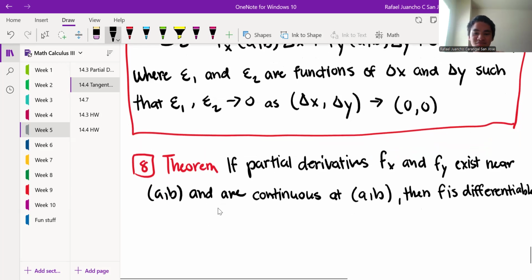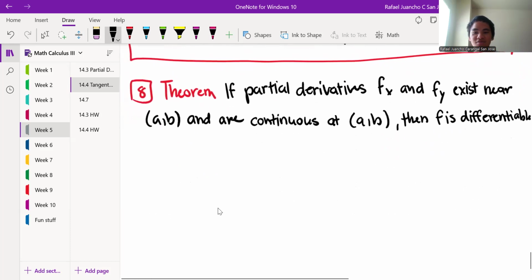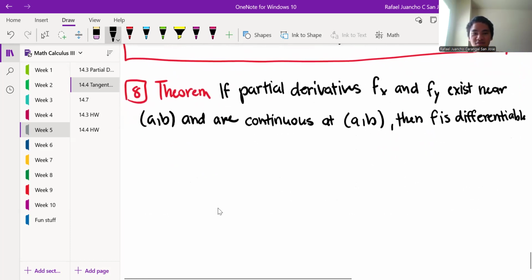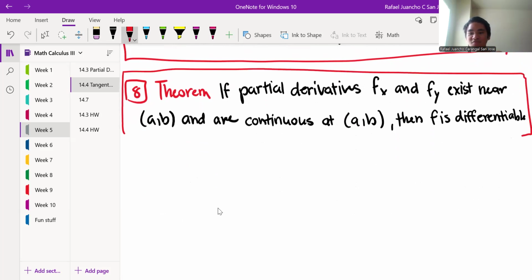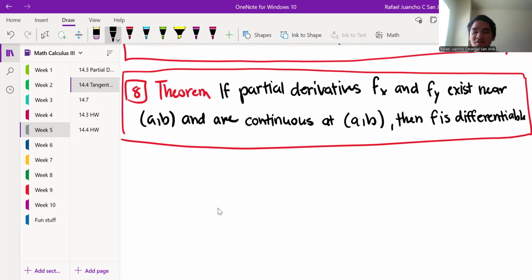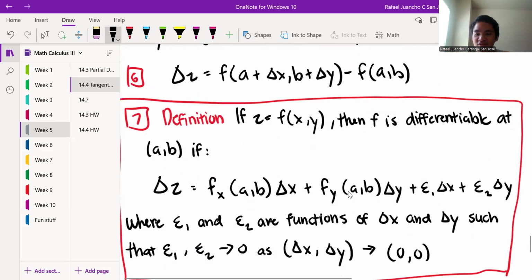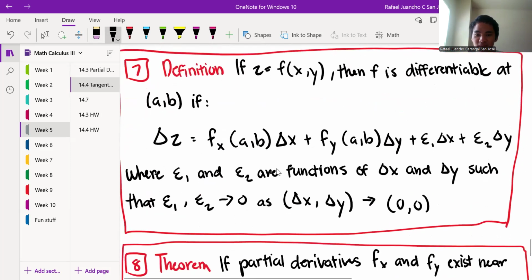So that's the idea. If the partial derivatives exist and are continuous, it's differentiable. We don't have to worry about that precise definition of a limit. But if you guys know this, then well and good.